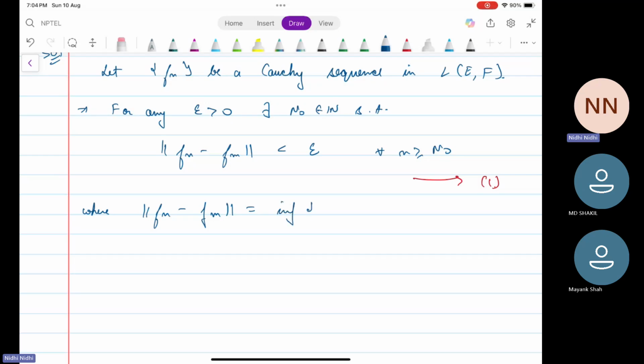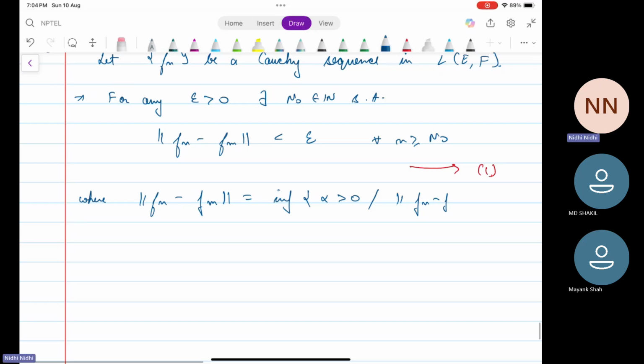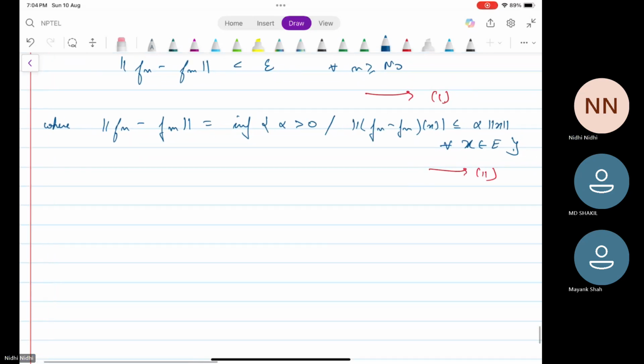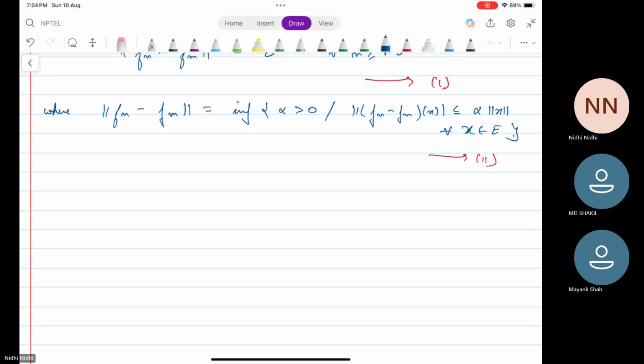The one that we will be taking is the infimum of all those positive alpha such that the norm of (F n minus F m) x is less than or equal to alpha times norm x for every x in E. So by the property of infimum, this is basically the infimum over a set.